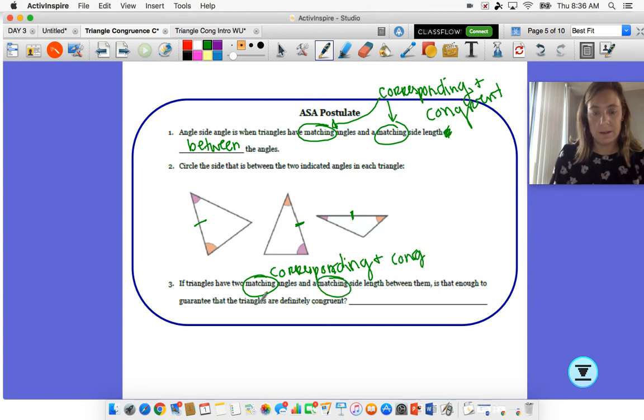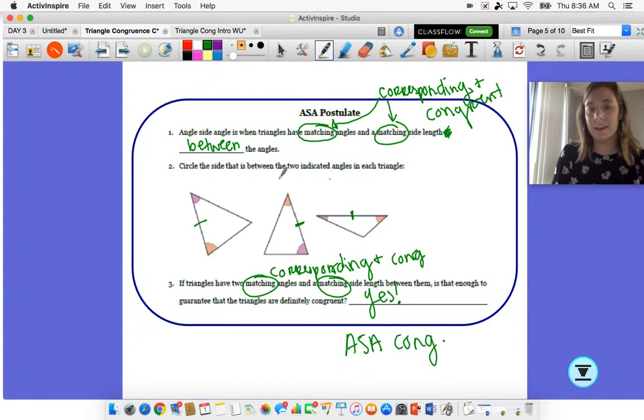So two corresponding angles and a corresponding and congruent side length between them. Is that enough to guarantee that the triangles are definitely congruent? And the answer is yes, as we just looked at on GeoGebra. So this is angle, side, angle congruence.